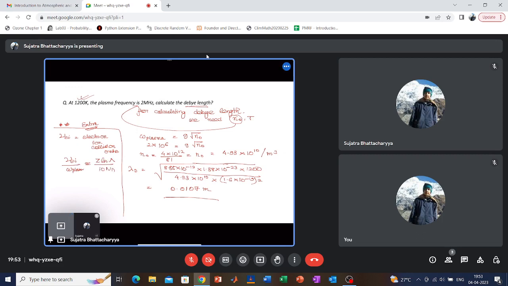Okay. Now this log of lambda, this is not the debye parameter.